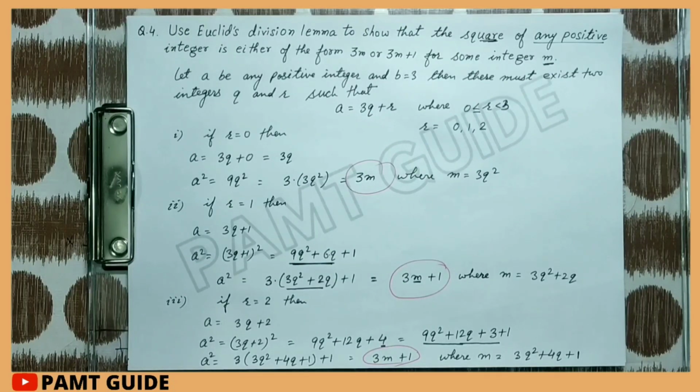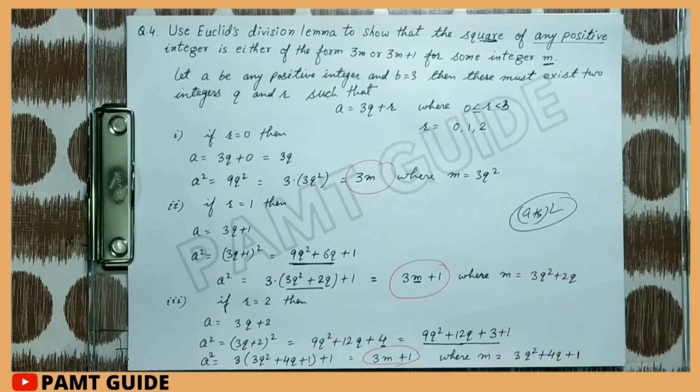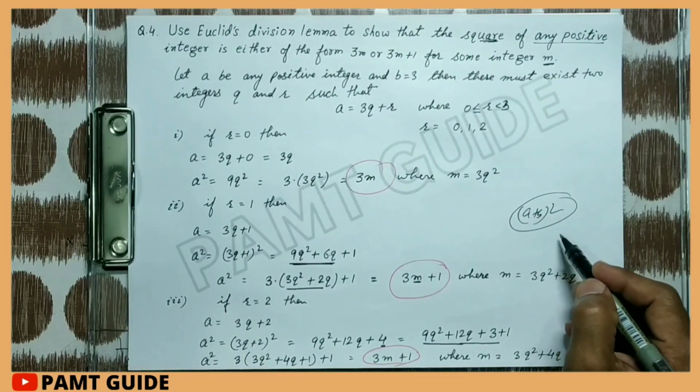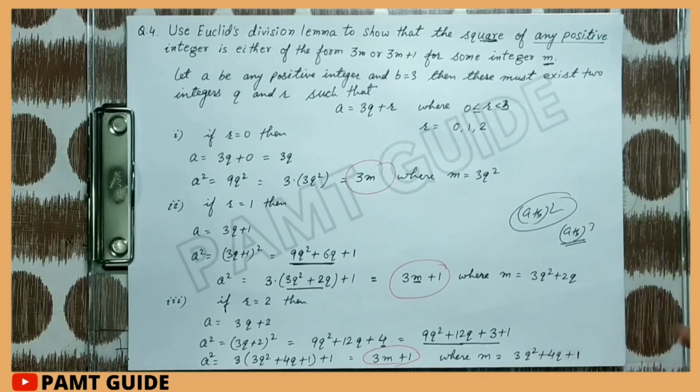You can solve it similarly, but you will have to change the formula. Here you applied the formula a plus b whole square, but in question number 5, you will apply the formula for the cube, a plus b whole cube.